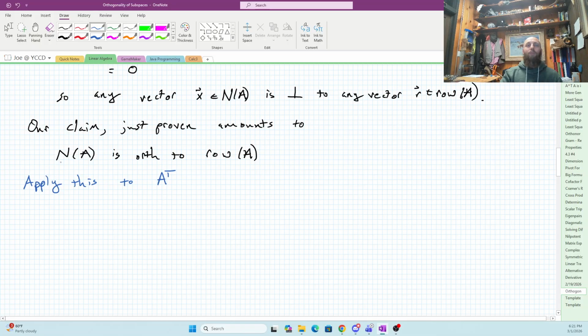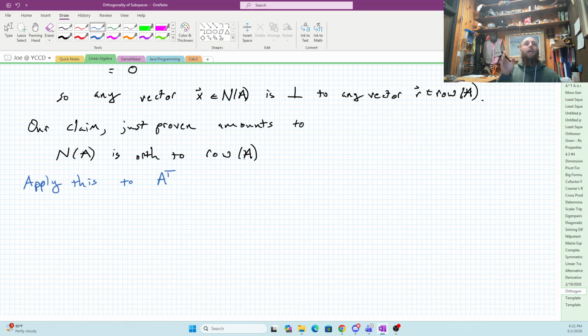So essentially, I proved that the null space of any matrix is orthogonal to the row space of that same matrix. So I can just swap in A transpose for the A's here. That's not me claiming that A is equal to A transpose. That's just me saying the null space of a matrix is orthogonal to the row space of that same matrix.